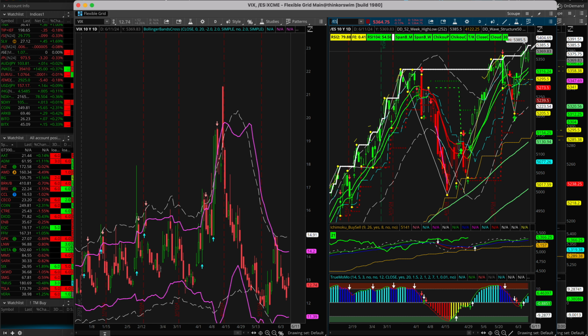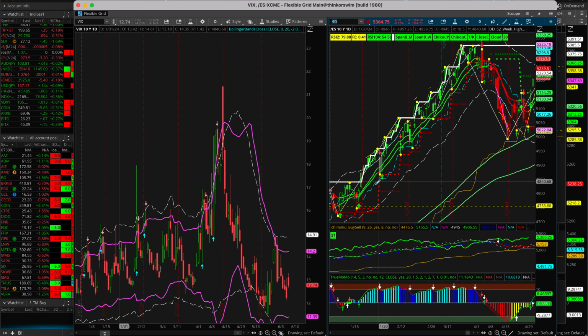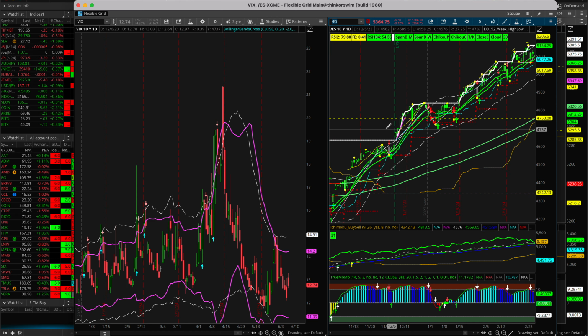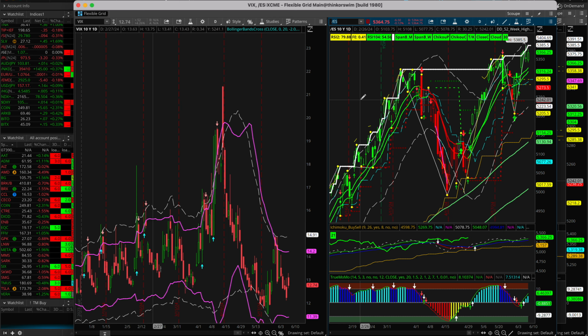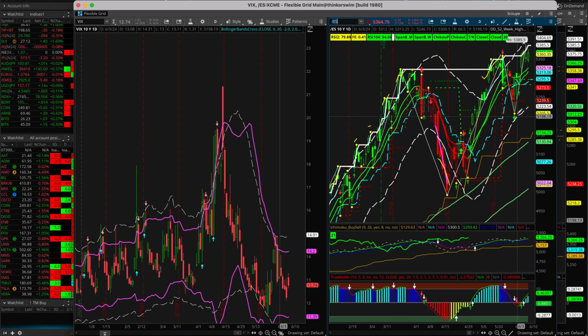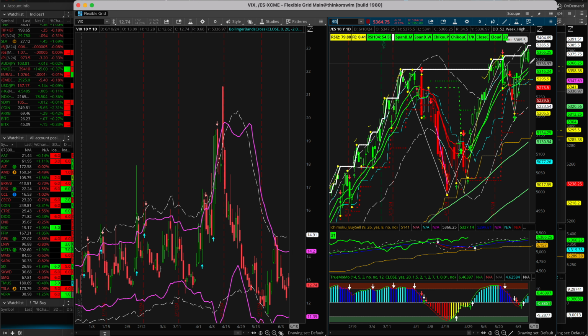I still actually think we're more vulnerable to the downside than the upside, just because we had such a big move before, back really last year at this point. Big move down, pretty big move back up, and now basically all that volatility unwound both directions, and now we're really just getting tighter on volatility.